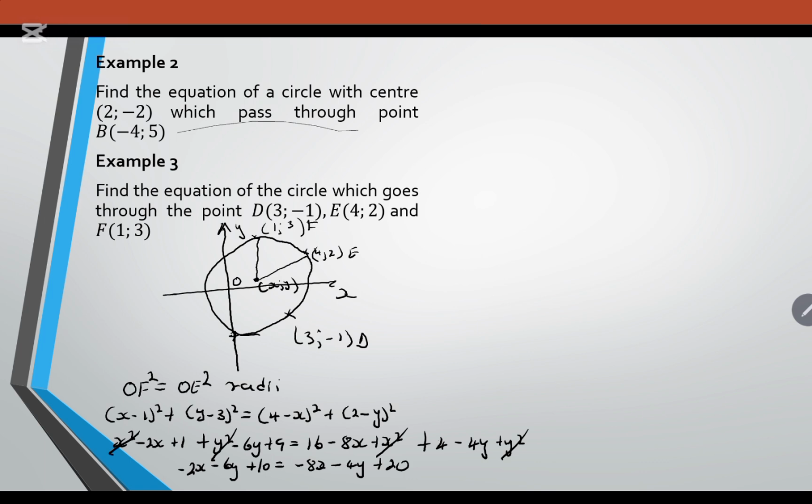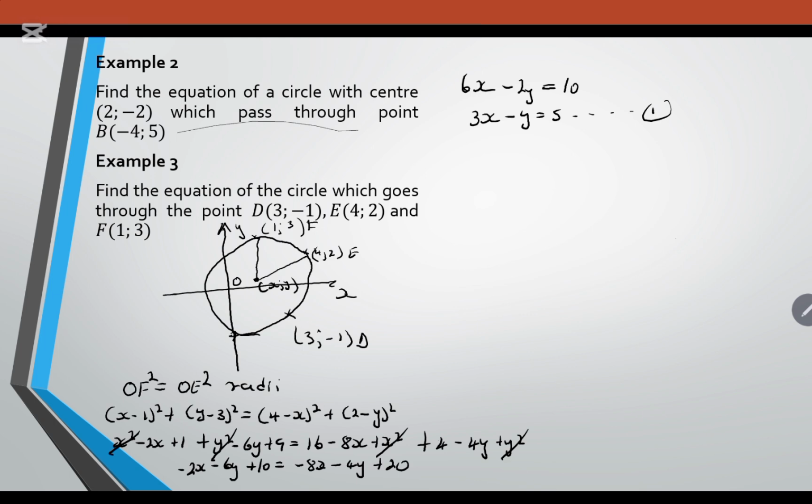Now we group like terms on one side of the equal sign. So this will therefore be 6x minus 2y equals 10. And this simplifies to 3x minus y equals 5. And we call this equation number 1.